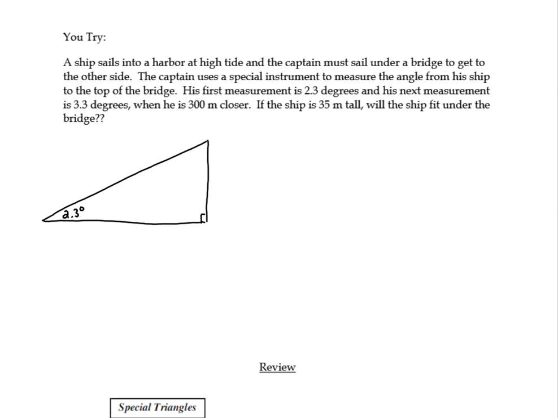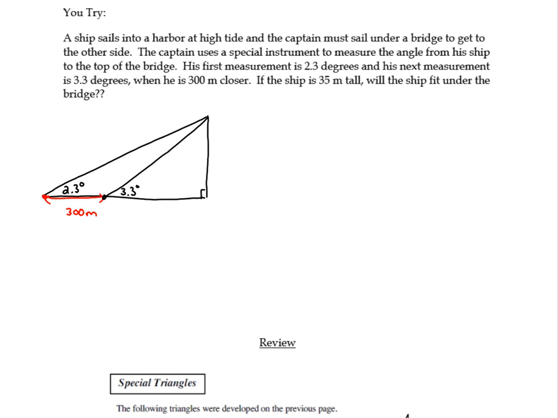Then, from that point, he moves how much closer? 300 meters closer. And then he measures the new angle of elevation to the top to be 3.3. And he's measuring to the top of this bridge, right? So this is the bridge height, the height of the bridge.